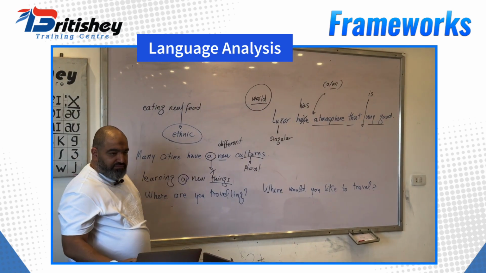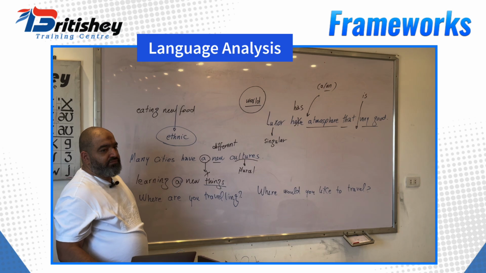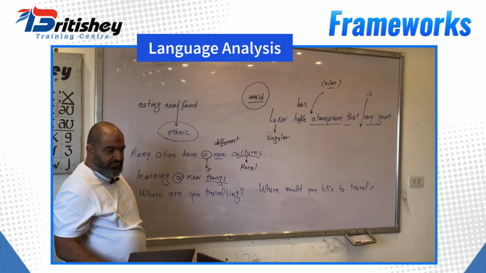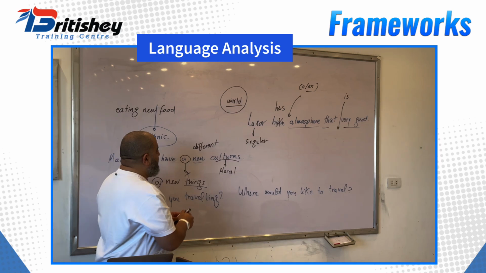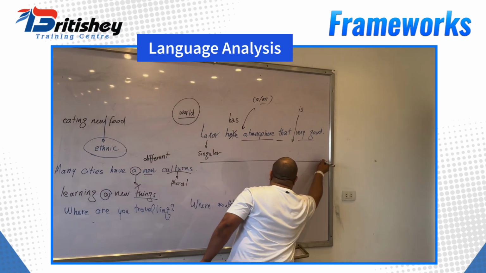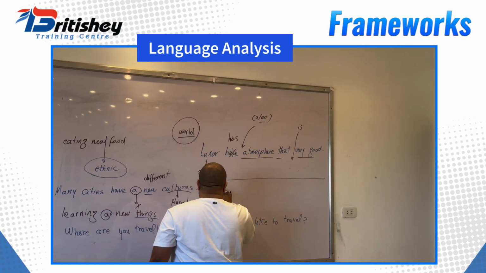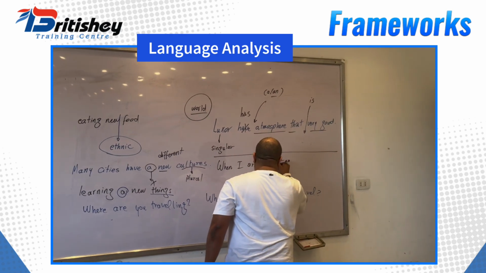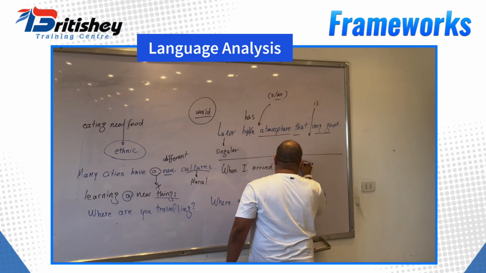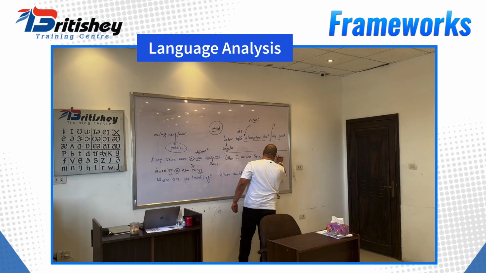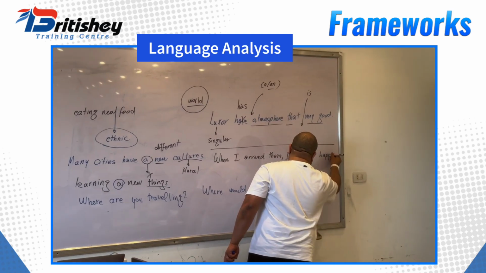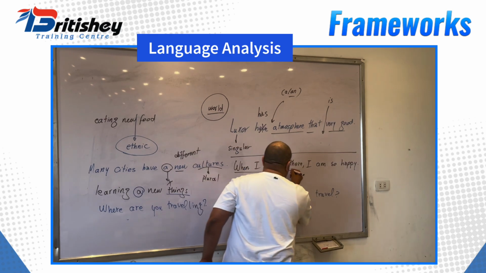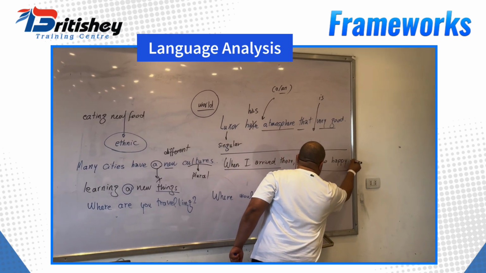Places about ancient Egypt. When I arrived there, I'm so happy and made. Okay, when I arrived there, I'm so happy. I love this part, but there is something wrong here.